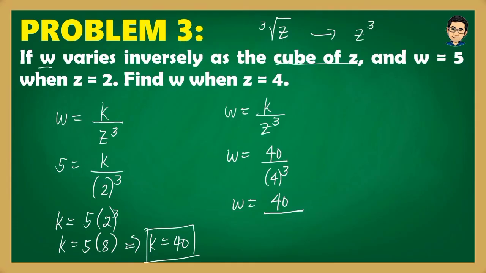So, i-multiply natin yung 4 3 times. Then, that is 64. And then, isi-simplify natin yung 40 over 64, yung GCF niya is 8. So, di-divide natin by 8. So, the value of W when Z is equal to 4 is 5 over 8.